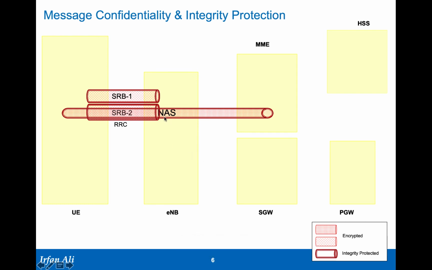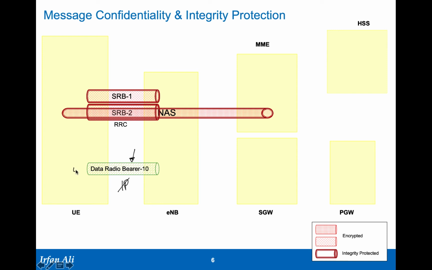In addition to the signaling messages, LTE or 4G security also provides protection for the IP packets, the user plane packets of the user sent between the UE and the eNode B. These messages are encrypted, but they are not integrity protected. Integrity protection is not provided to the user plane packets, with the assumption that there is end-to-end integrity protection.